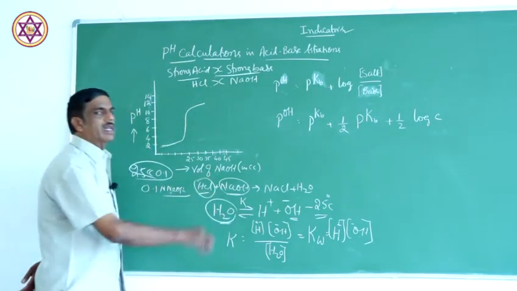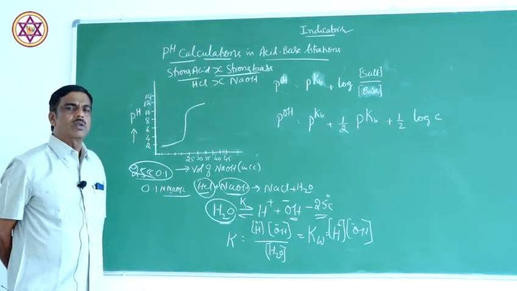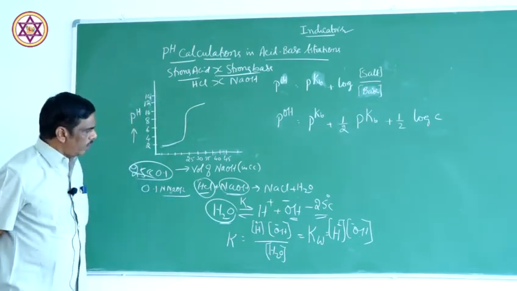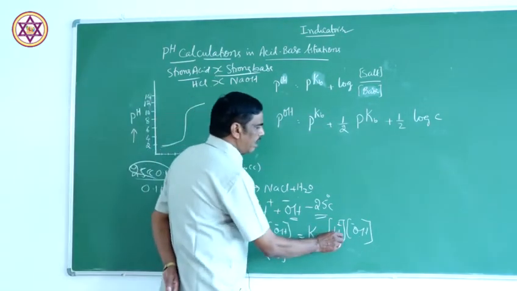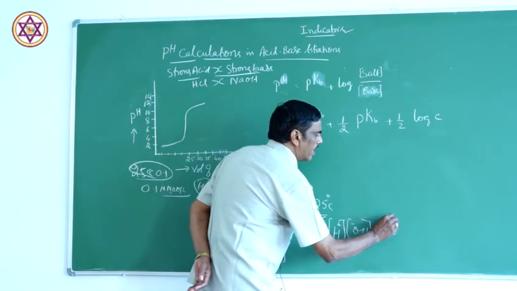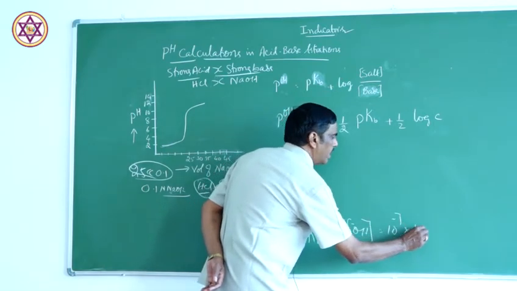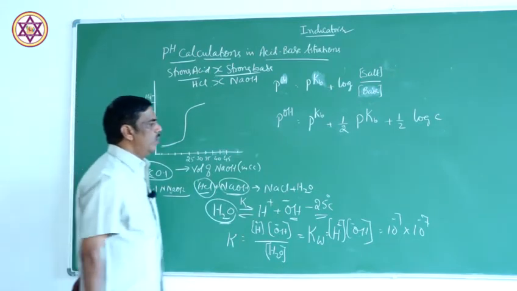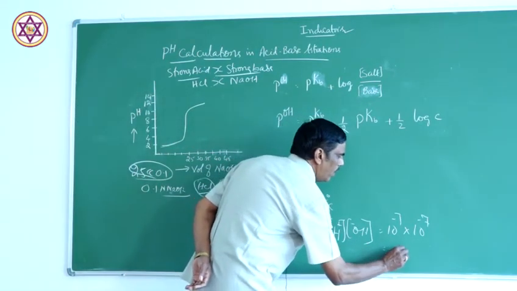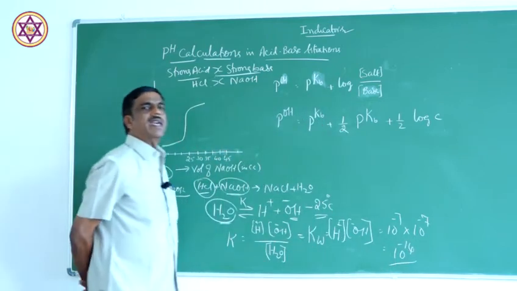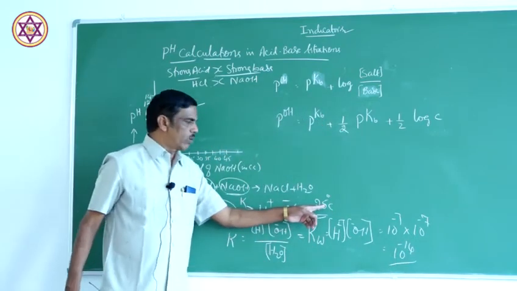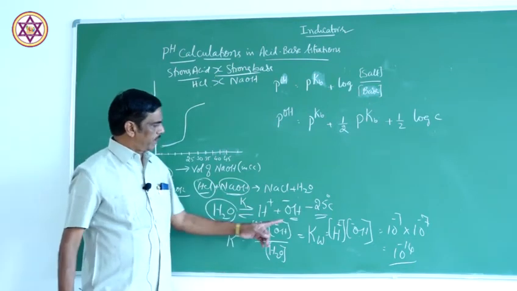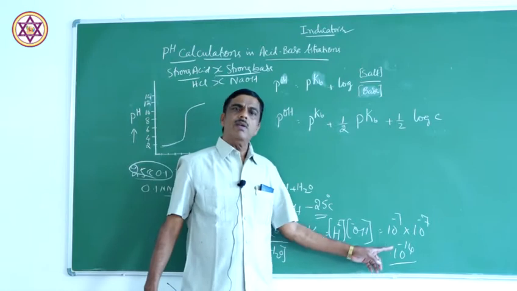Actually 1 in 10 to the power of 7 molecules undergoes ionization to form H plus and OH minus. If you multiply these two, it becomes 10 to the power of minus 14. This is the ionic product of water at 25 degree centigrade, Kw equal to 10 to the power of minus 14.